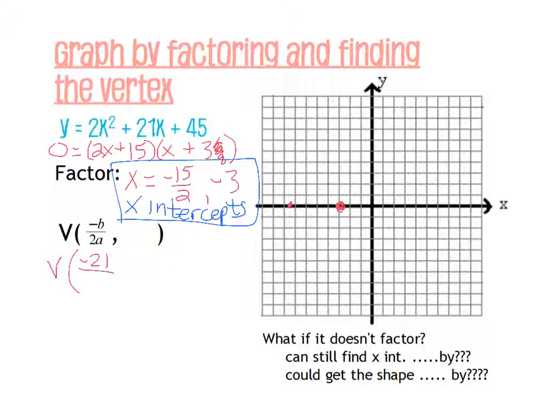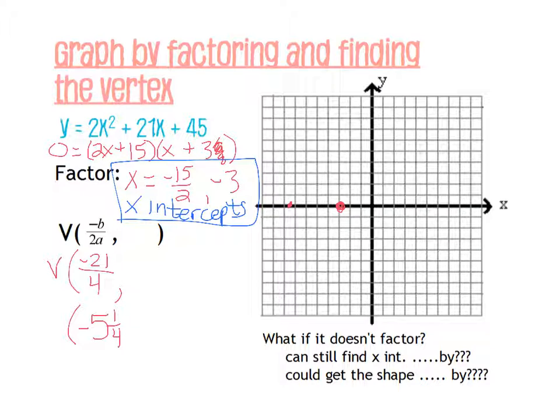A is 2, so it's going to be over 4. That's not very pretty. Probably in Algebra 2 it always came out nice for you. It's not going to for us. The vertex is right at negative 5 1/4. I know that's how far over it's going to go. Negative 5 1/4, which should kind of make sense. That hits smack dab in the middle of your two x-intercepts.